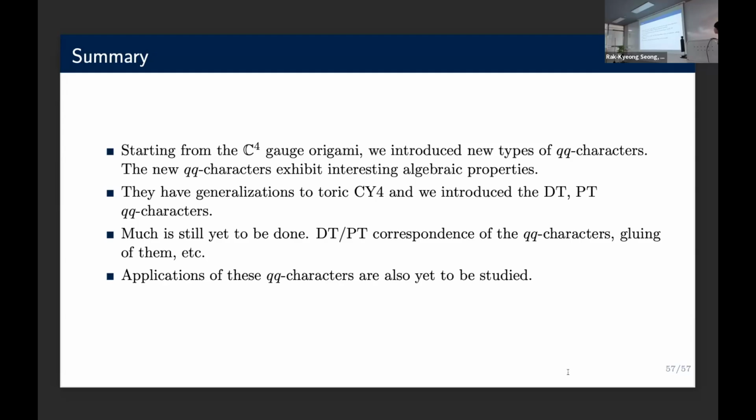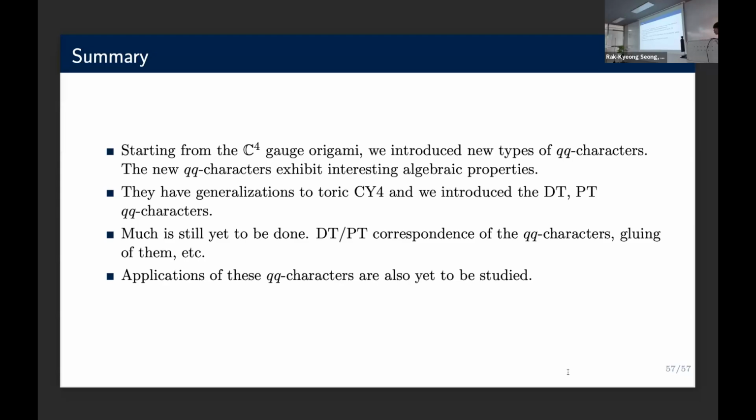And another question is how to glue all of them so that you can construct a class of QQ characters associated to some specific brane web. And yes, that's also a question to ask. And also applications of all of these QQ characters are yet to be studied. Somehow in the literature, these infinite sequence type QQ characters have not been much studied.